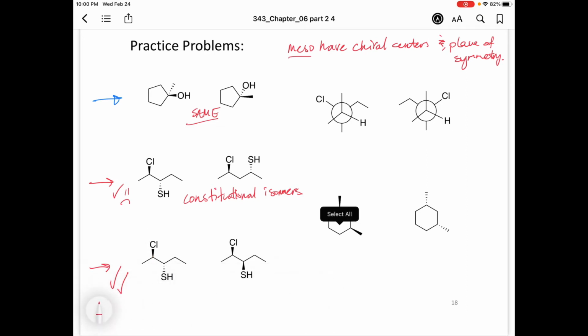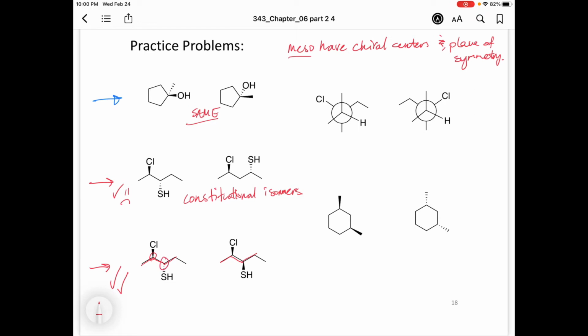In this first example, you could go through R and S, and I highly suggest that you practice if you're still having trouble with R and S. But I'm going to show you a way to just look at this and understand the relationship. This carbon here has a chlorine coming up towards us. The geometry that I've drawn this in, this conformer, is the same as on the right. Notice the bent structure is the same.